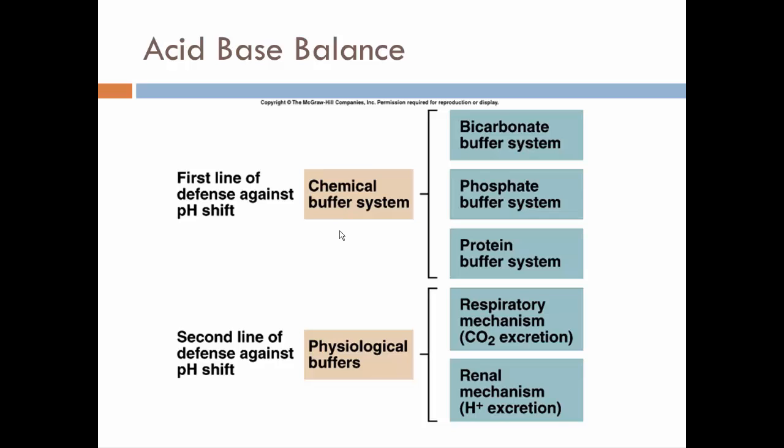This includes things like the bicarbonates, phosphates, and proteins. But those buffers get used up. We have limits on how well they work, so we have to go to the second line of defense, and that's the physiological buffers. That's how the respiratory and kidney, or renal, mechanisms kick in and help in neutralizing or balancing our pH.